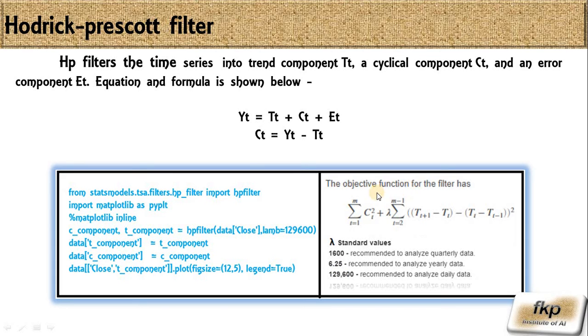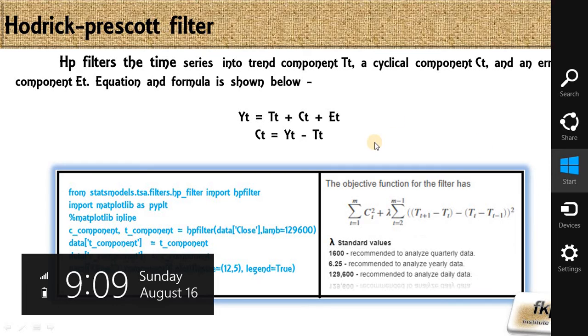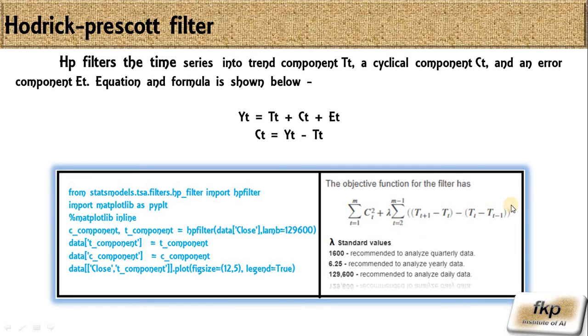So when you look at the first sum, what the first sum does is minimize the cyclic component, and the second sum minimizes the second order difference of the trend component.